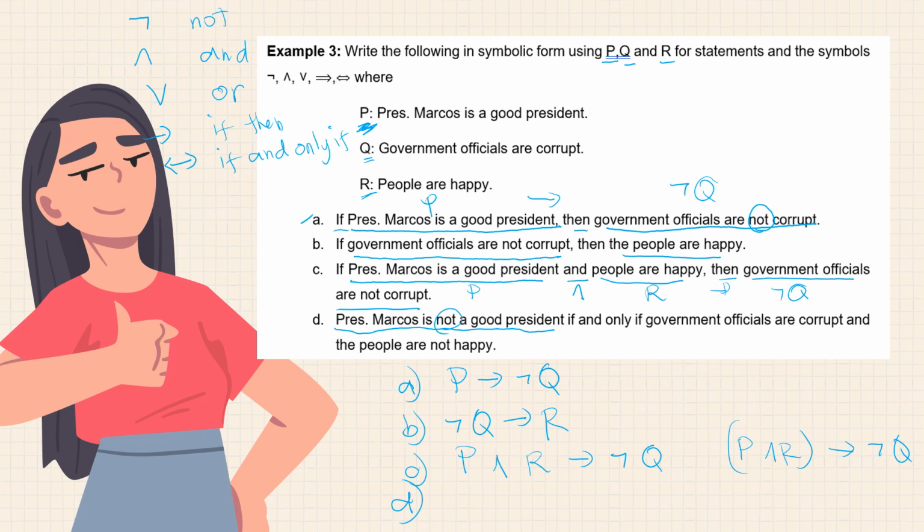There's the word not, it means that's negation of P. Then if and only if, this sign. Government officials are corrupt, so that's Q. Okay? And the people are not happy, it means that's negation of R.